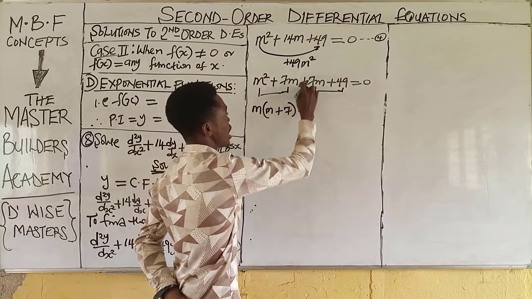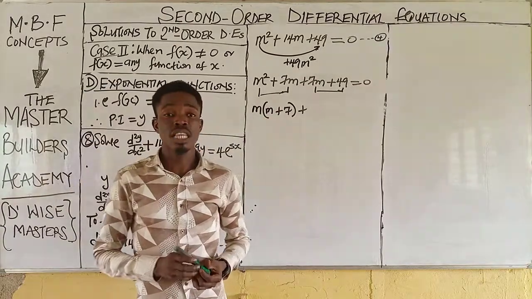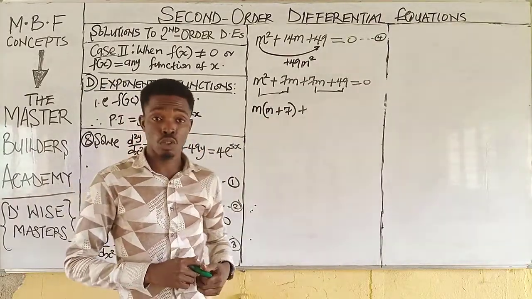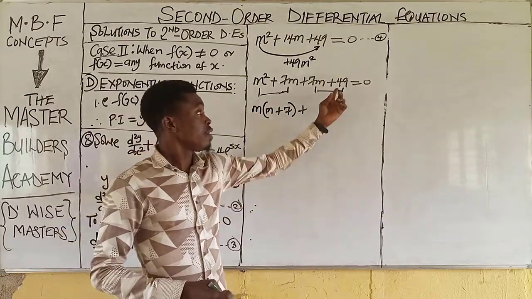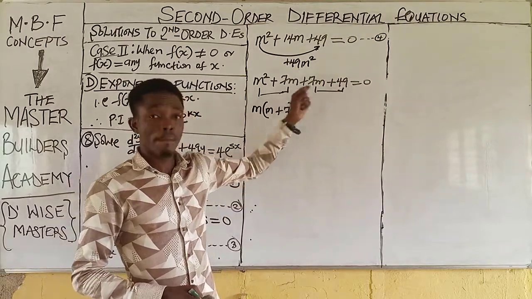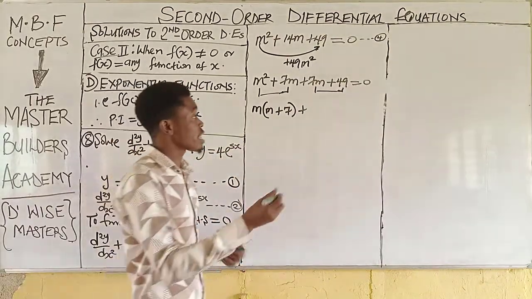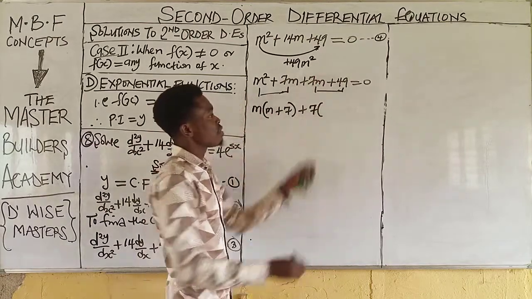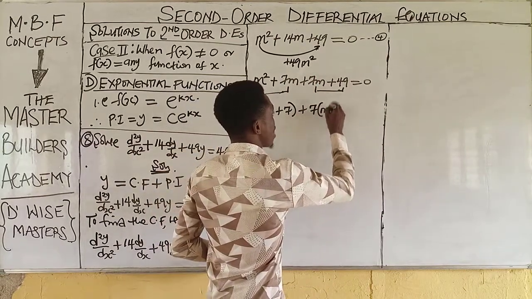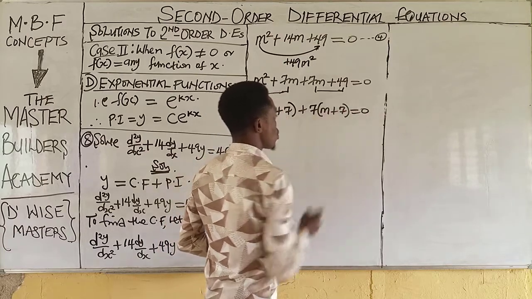Now, between the last two terms, 7m and 49, m is not common. Then let's check if there is an integer that is common. Of course, 49 is divisible by 7. Then 7 is a factor of 49. Therefore, 7 is a common factor. When we divide 7m by 7, we have m, and when we divide 49 by 7, we equally have 7. This is equal to 0.